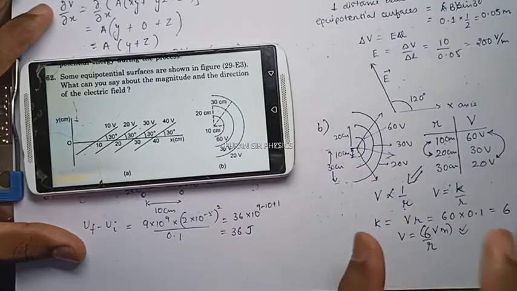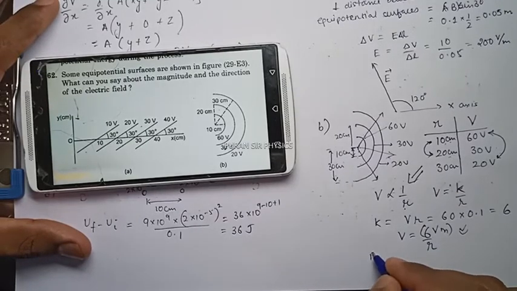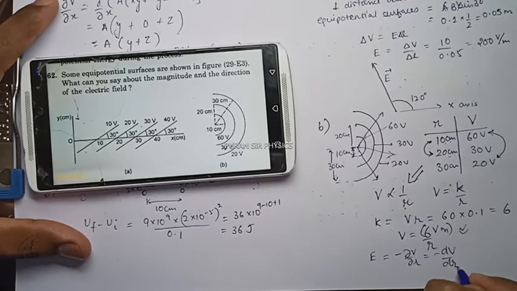So from here we can say the electric field is radially outward. And the electric field is given by negative of del V by del R. In this case, you can write del V by del R as minus dV by dr, because there is only one variable here.